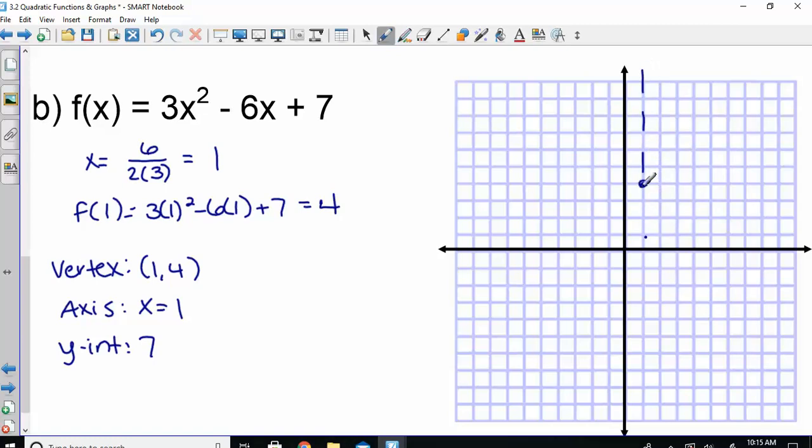Put my point at 1, 4. Axis of symmetry is the vertical line going through that. Y-intercept is 7. And then to get our third point, we reflect the y-intercept. Our graph looks like that.